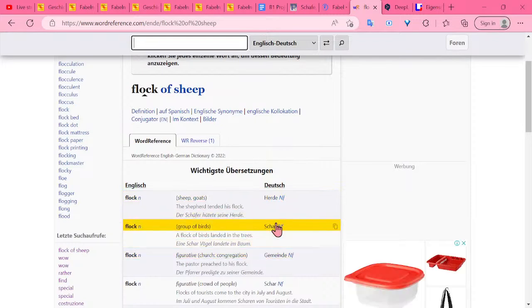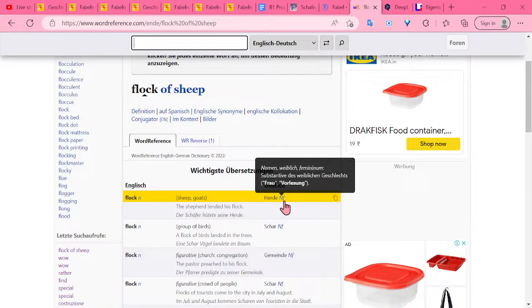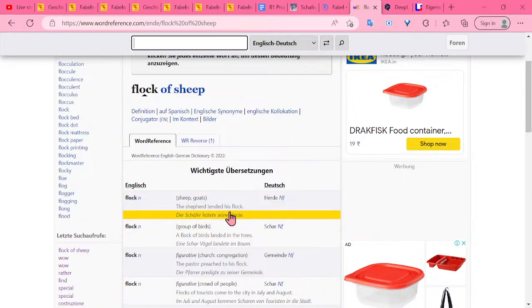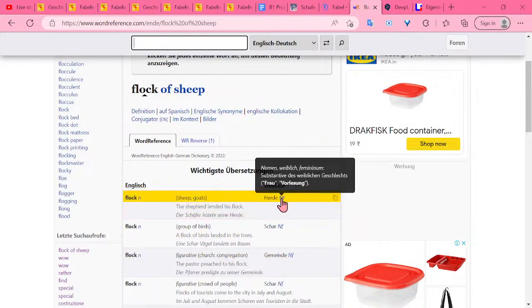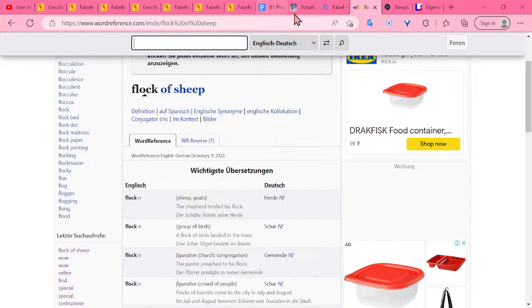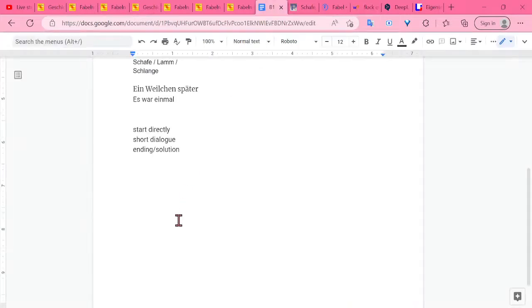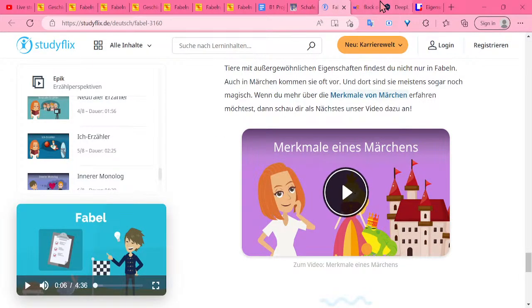Okay, so it's a herd. So in a herd. A herd of sheep. So that's this.